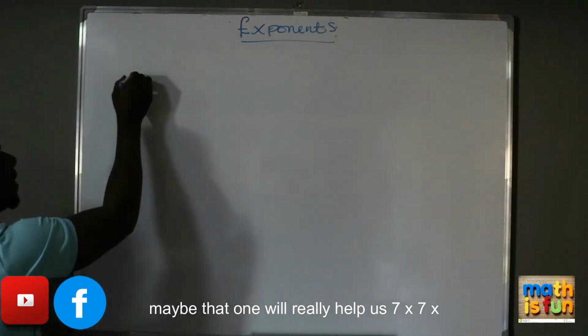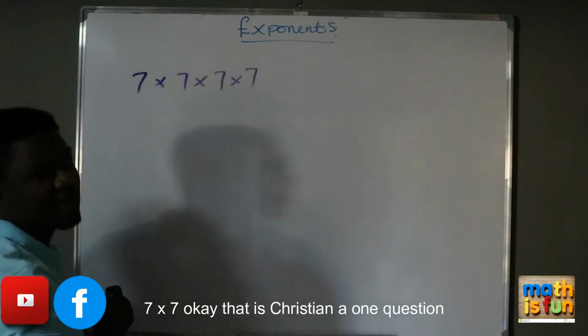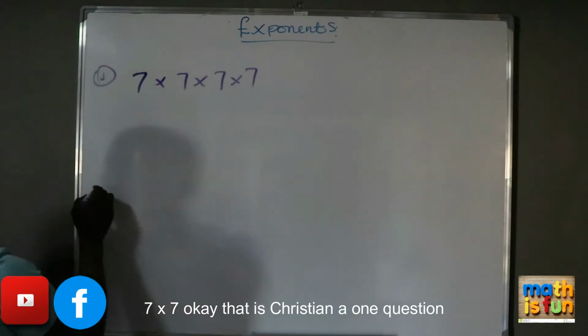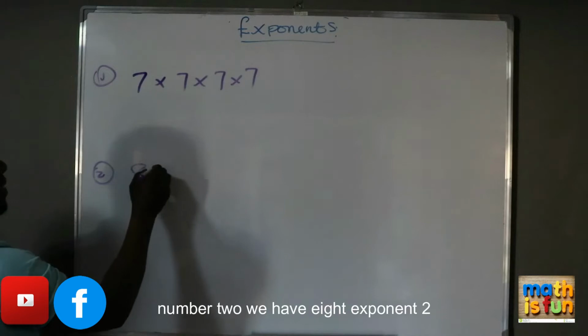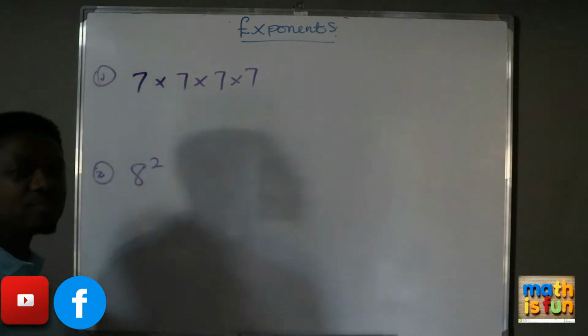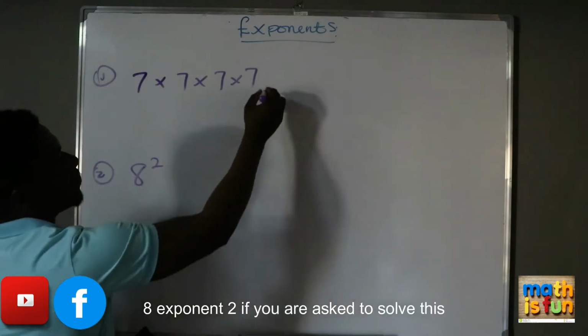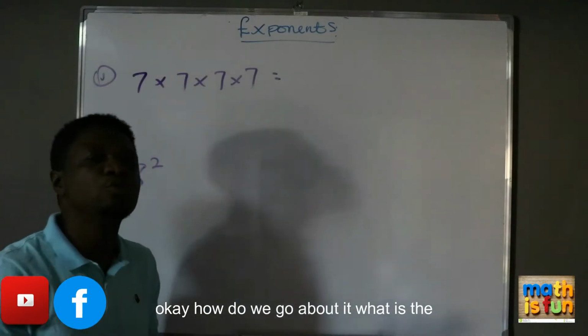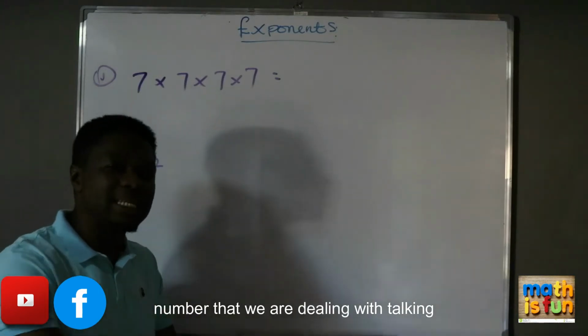Given 7 times 7 times 7 times 7, that is question number 1. Question number 2, we have 8 exponent 2. How do we go about it? What is the number that we are dealing with?